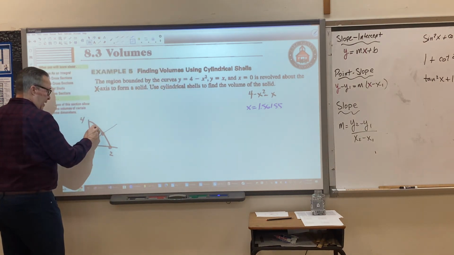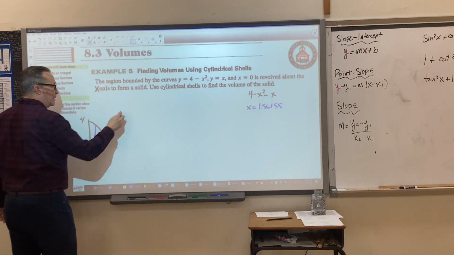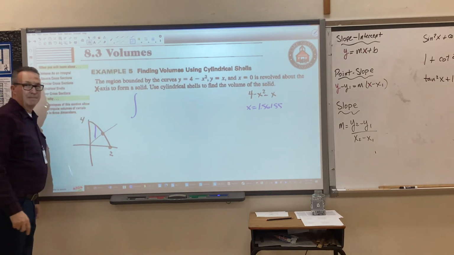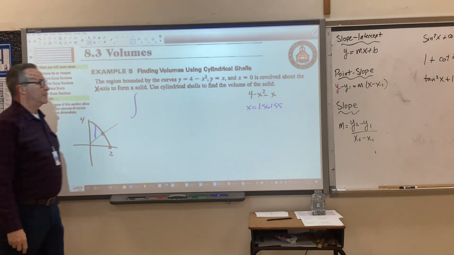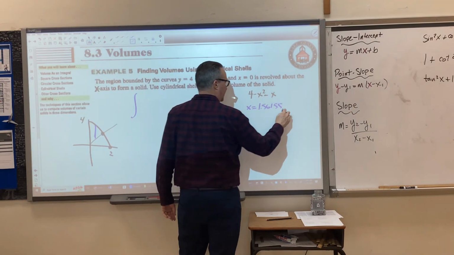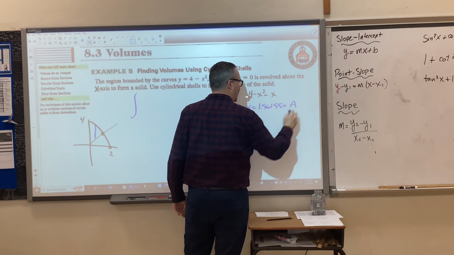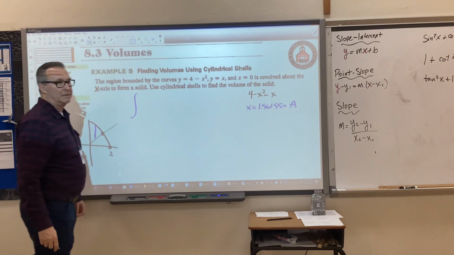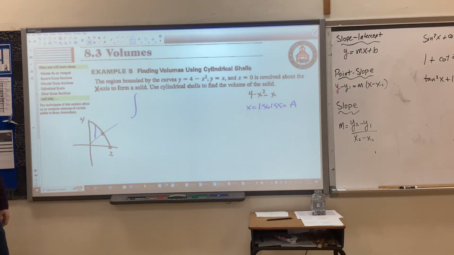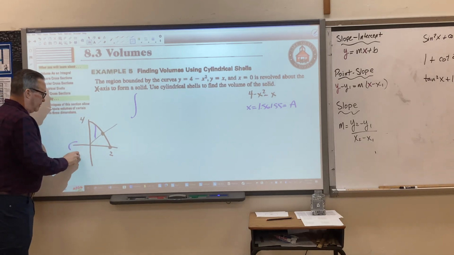So here's the area. So what do I integrate? What's my integral? We're revolving this about the x-axis.